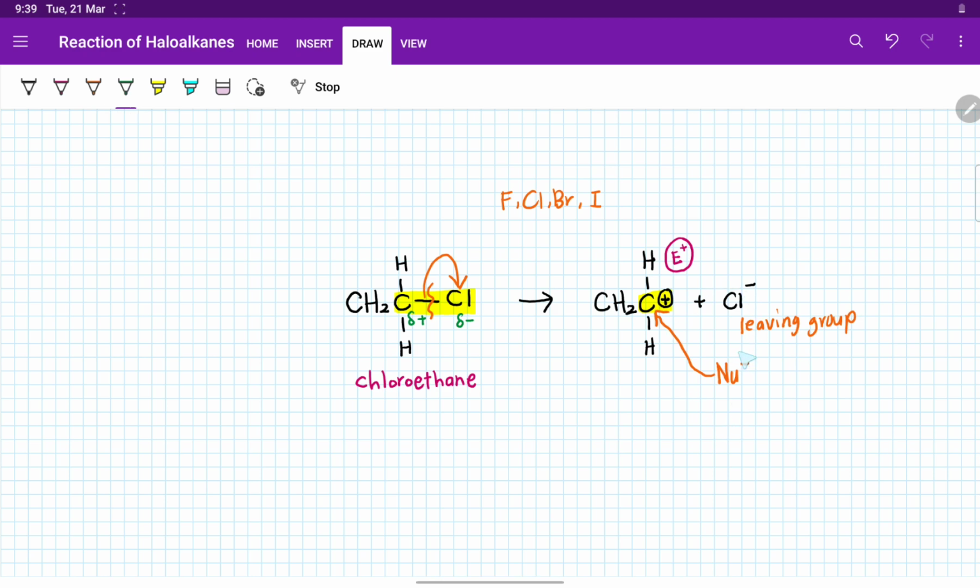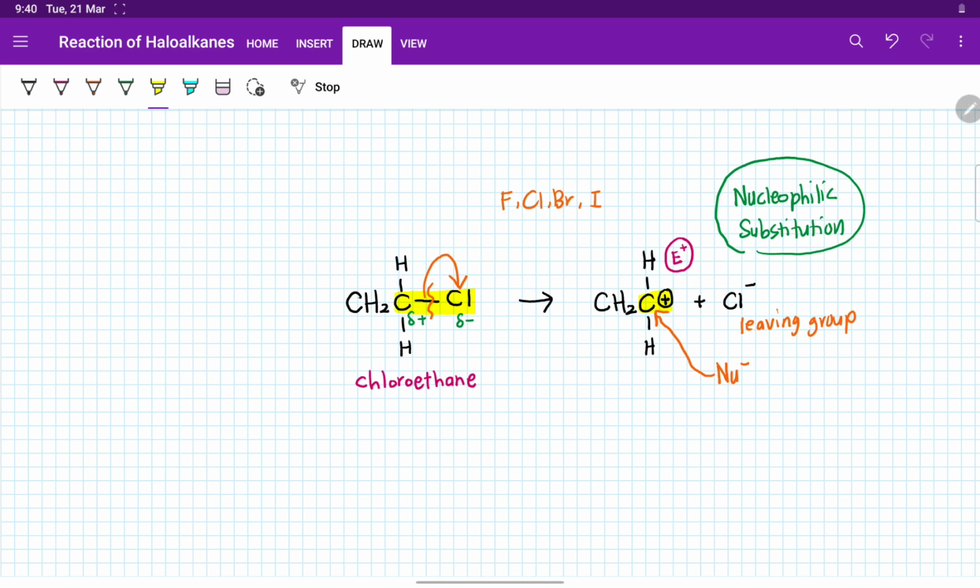So, for this reaction yang mana kita gantikan chlorine ataupun halogen with a nucleophile, we call it as nucleophilic substitution. So, the main reaction untuk kita punya haloalkane adalah nucleophilic substitution. Selain daripada nucleophilic substitution, kita akan ada beberapa lagi reaction yang lain. Nanti kita akan tengok kemudian.